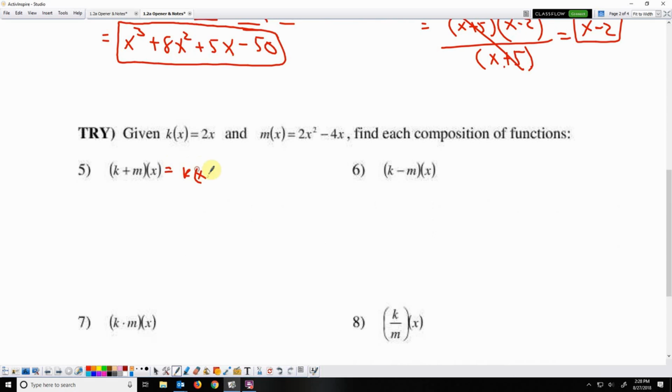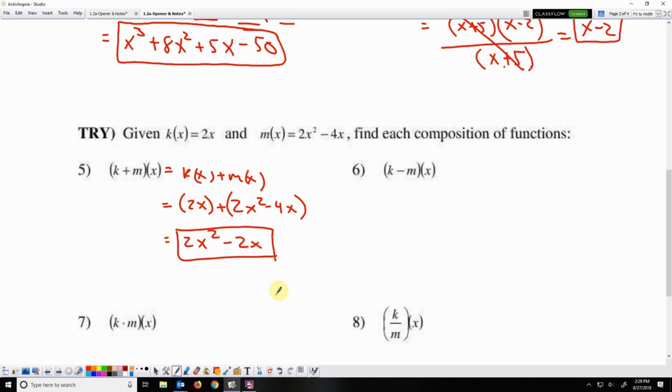So k of x plus m of x. I'm just looking to combine like terms. I've got 2x squared, and then 2x minus 4x. k of x minus m of x, and here again is where these parentheses are really going to matter.